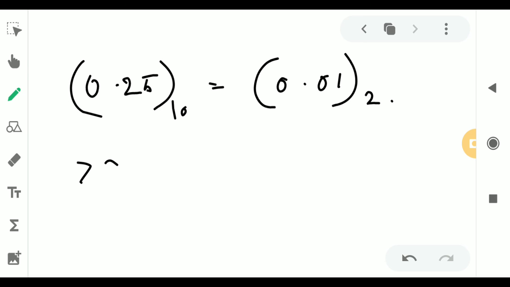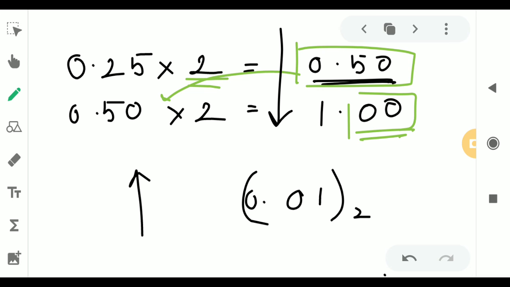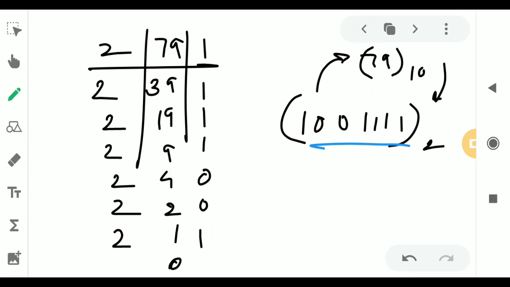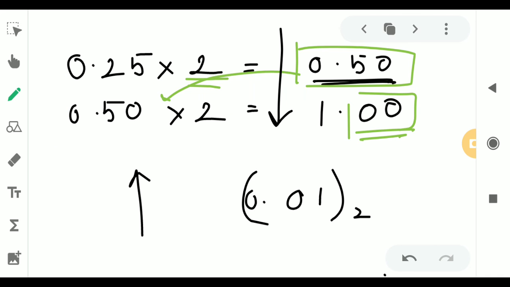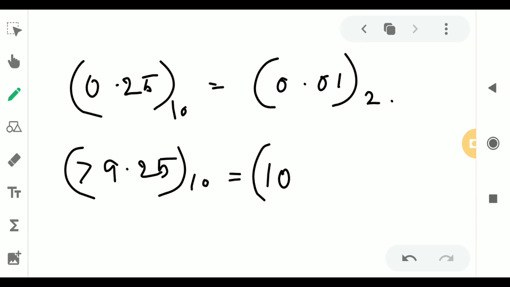So what's the whole number? 79.25 in decimal should be written as, we had the integer part, 1001111, then 1.01 for your fractional part in binary. So this is the whole number that we are looking for.